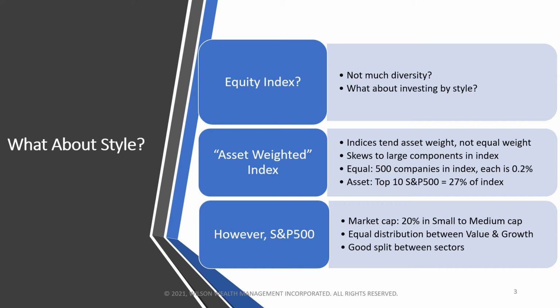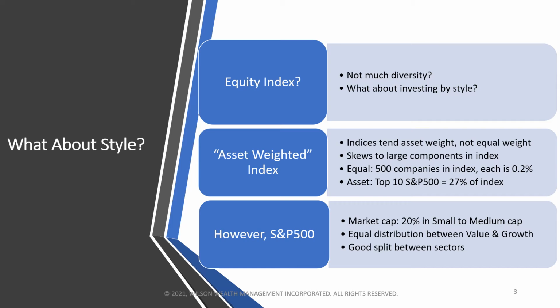Well, it means that the holdings or the assets under management skew to the large components in the index. So if I'm invested in the S&P 500 and I find an equal weighted index to invest in, I have 500 companies, so each holds 0.2% of the assets in the fund.